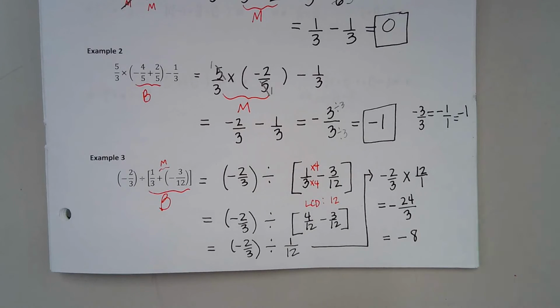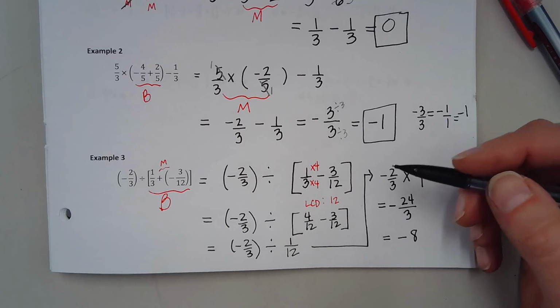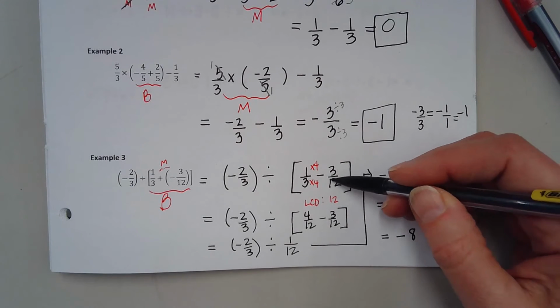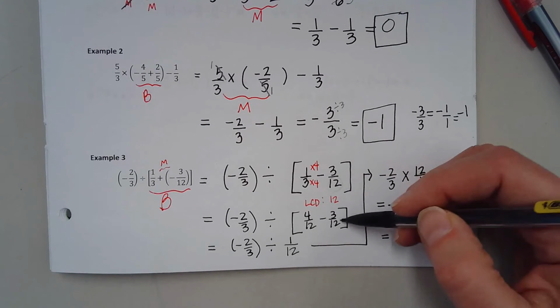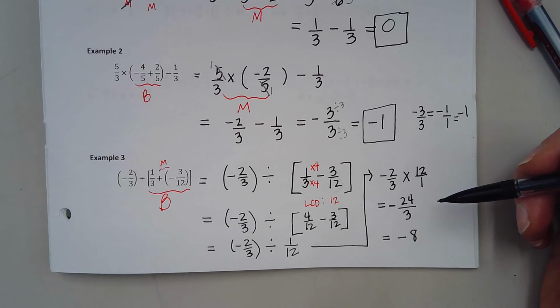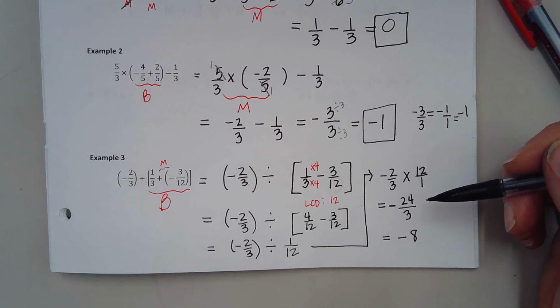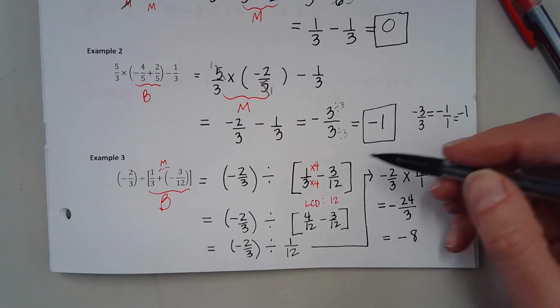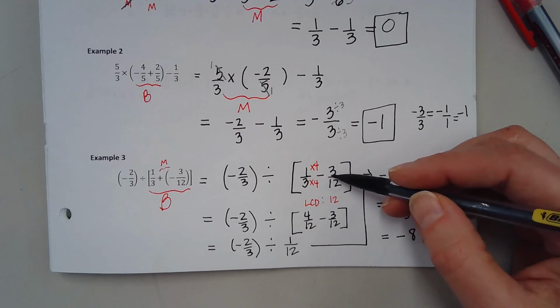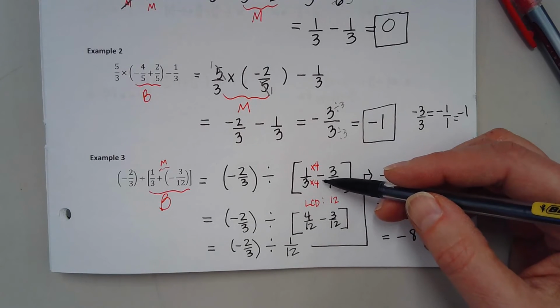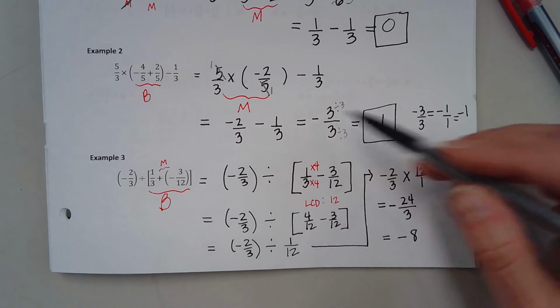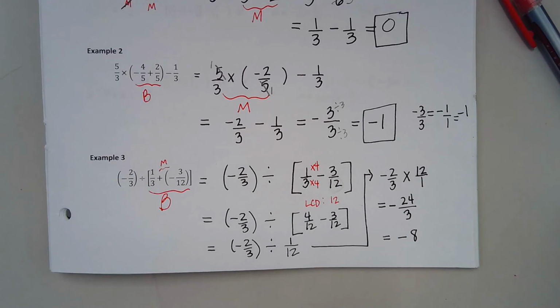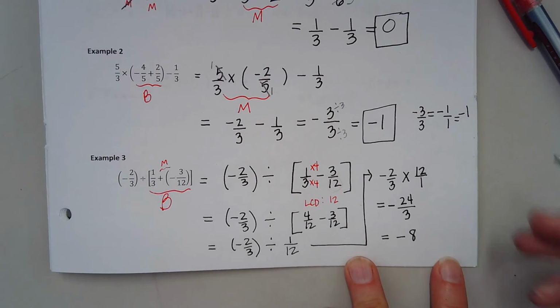So if the LCD is 12, that means I want 12 to be the denominator. This guy has 12 on the denominator already. He doesn't have to change. I only had to change these two numbers to be 12s, right? I don't want to change this one. Yeah, I messed up, 3 instead of the 2. Okay.